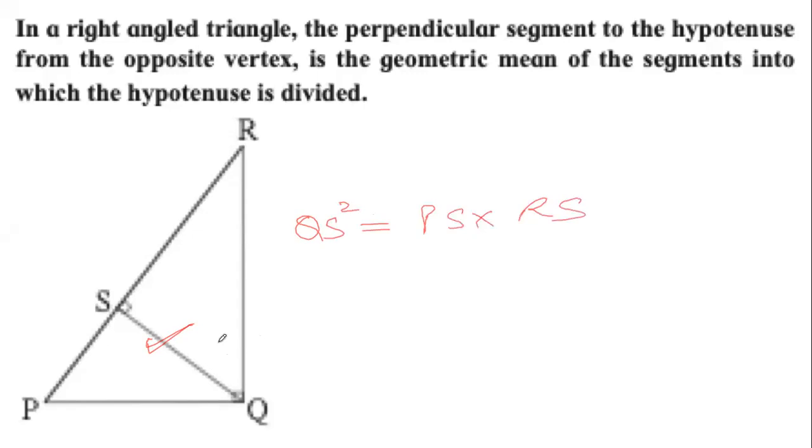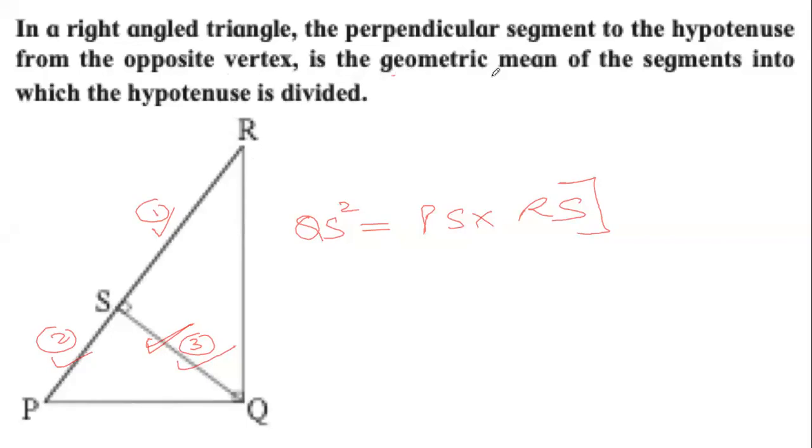So this theorem connects three parts: part 1, part 2, and part 3. These we have proved as a question in the previous chapter using similarity of triangles. Why is this called a geometric mean?